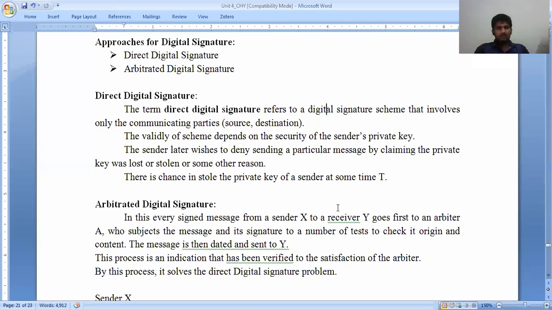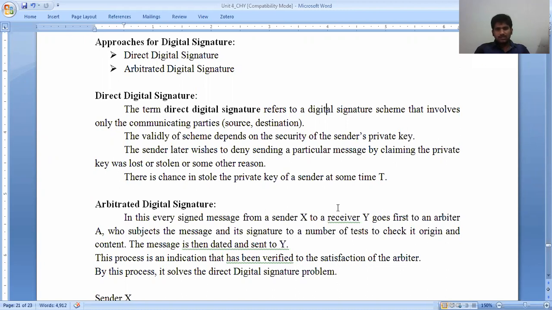So in between we have some more third party persons. We ask them for security to confirm whether the message is truly coming from X or not. Y wants to be sure that the message is from the original sender, so he uses a third party in between to check this process.